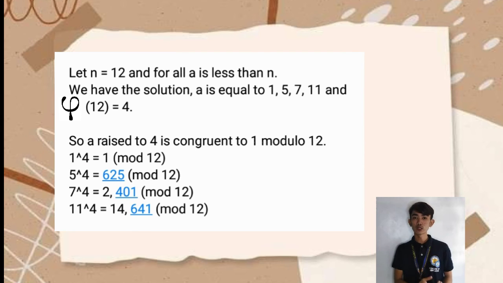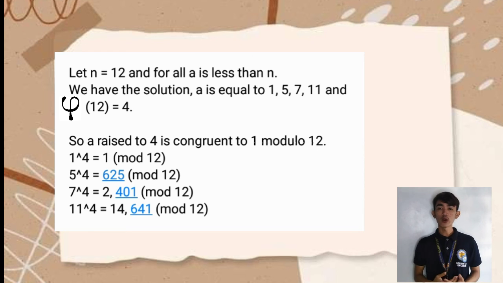Let n equal 12, and for all a less than n, we have the solution. a is equal to 1, 5, 7, and 11, and phi of 12 is equal to 4. So a raised to 4 is congruent to 1 modulo 12.